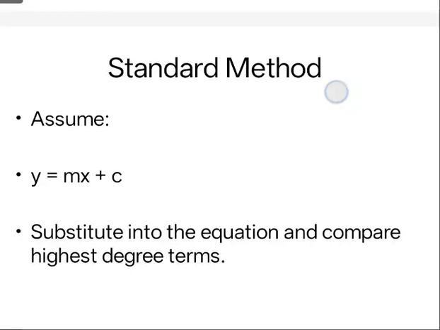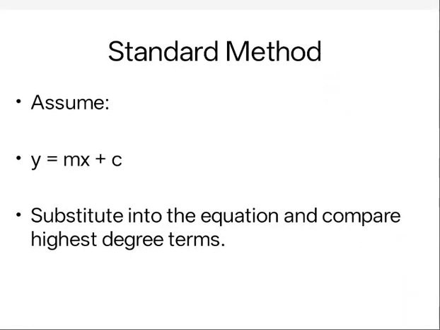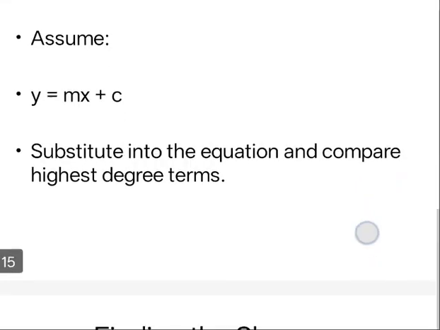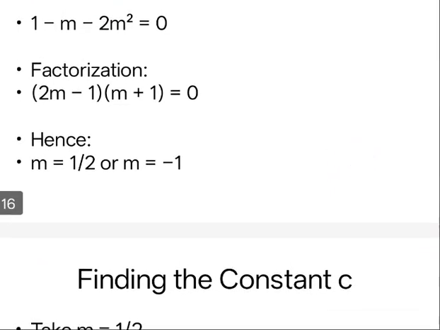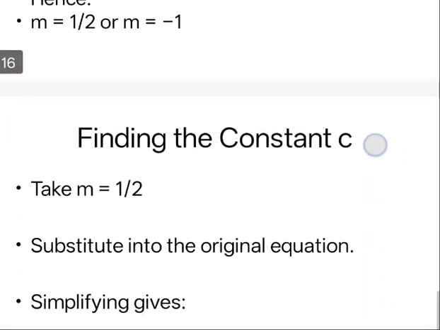After assuming and substituting in the equation and comparing the highest degree terms, what can we get? We can get the equation from the highest degree terms, like 1 minus m minus 2m square is equal to 0. After factorizing, you can get m minus 1 into m plus 1 is equal to 0, m is equal to 1 by 2, m is equal to minus 1. Same thing you can get.